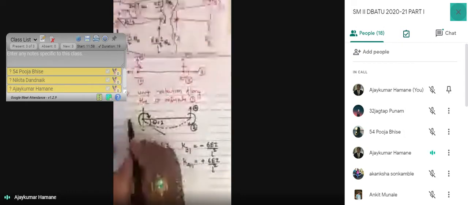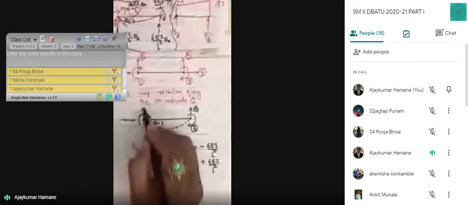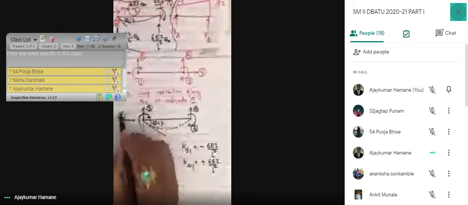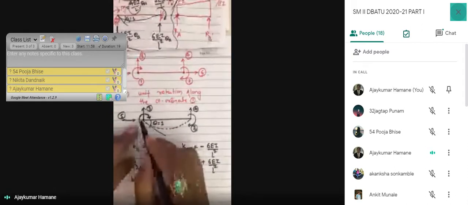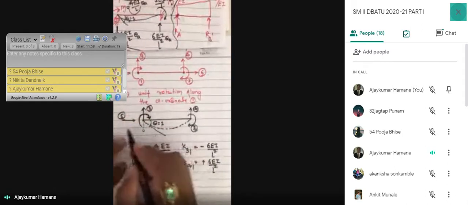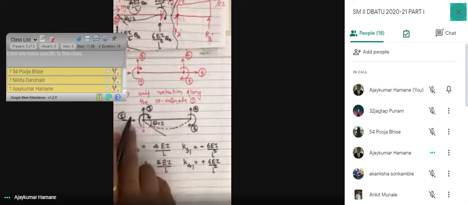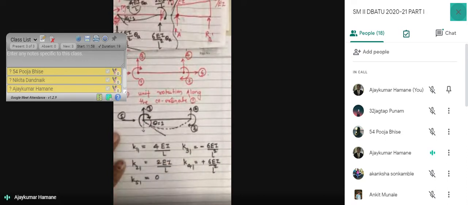And K51 is what? In the axial direction. When we have unit rotation at coordinate 1, there is no effect in the axial direction, so it is 0. Similarly K61 becomes 0.